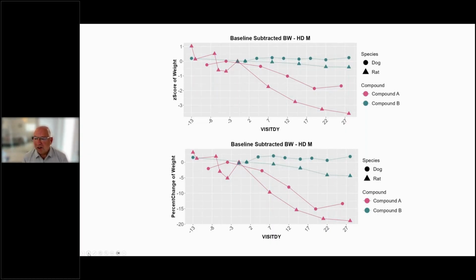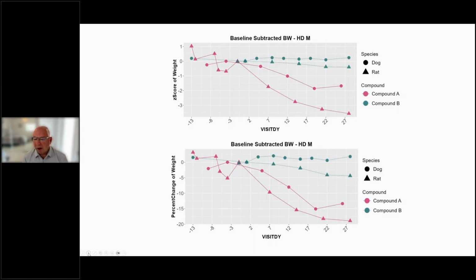And you can see here that what we saw in that initial radar plot, that the body weights for compound A were apparently different than compound B. That's showing in these plots where both the dog and the rat body weights seem to decrease fairly significantly over the time course of this 28-day study.